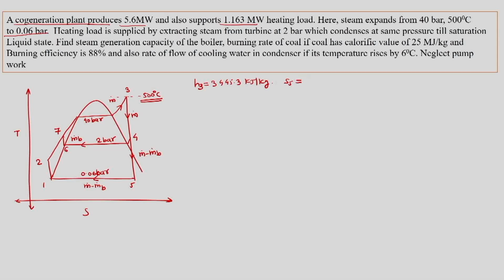We will also note S3 at the same time, such that we can equate it for the other corners of the cycle. So S3 is equal to 7.0910 kilojoule per kg Kelvin.